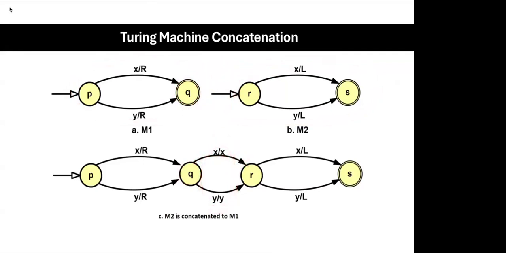Doing nothing means read every possible symbol and rewrite it with the same symbol. So basically, we do nothing. It is similar to epsilon in finite automata. Okay, that is concatenation.